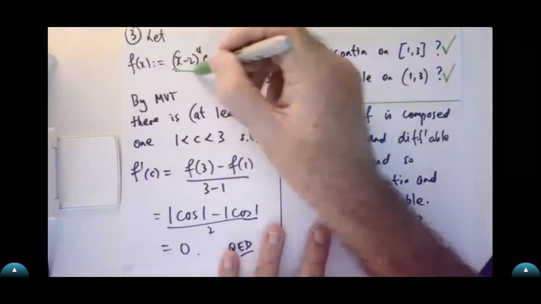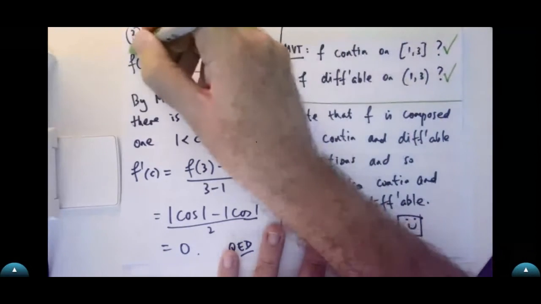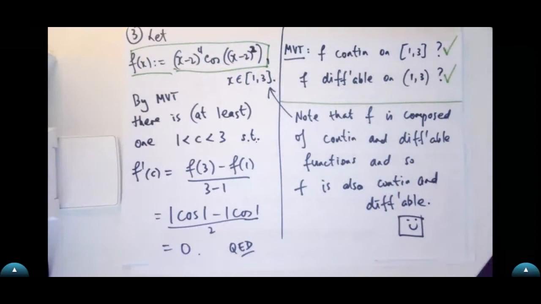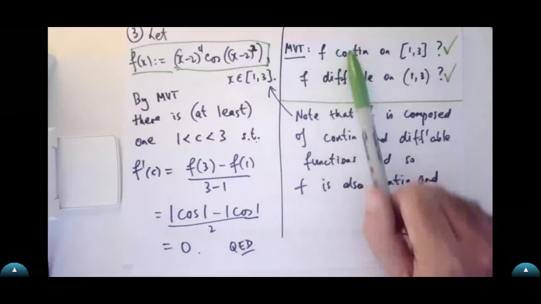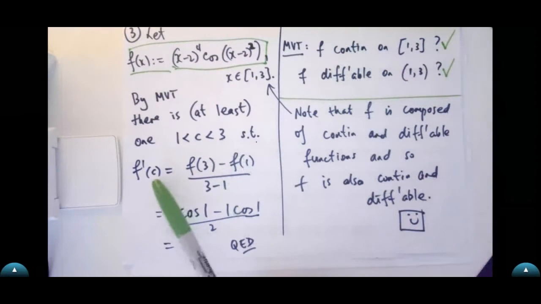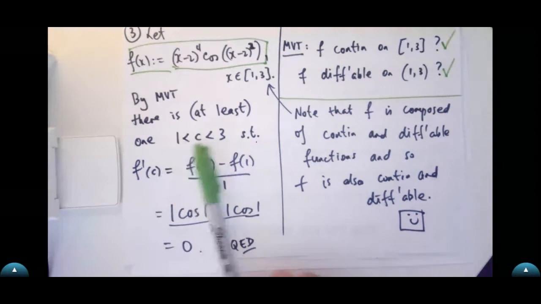This is not a particularly nice function to differentiate. You could do it, but I wouldn't do it. Here, we're showing that the conditions of the MVT hold. We're not interested in the value of C. We don't care what C is. All we know is it's between 1 and 3.